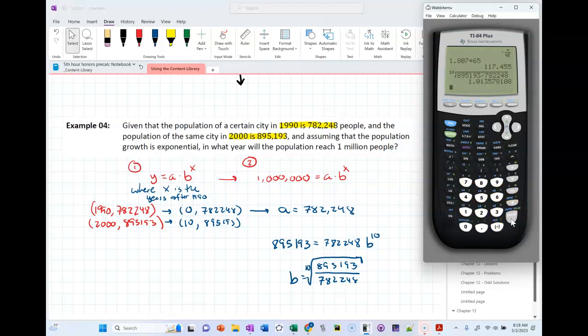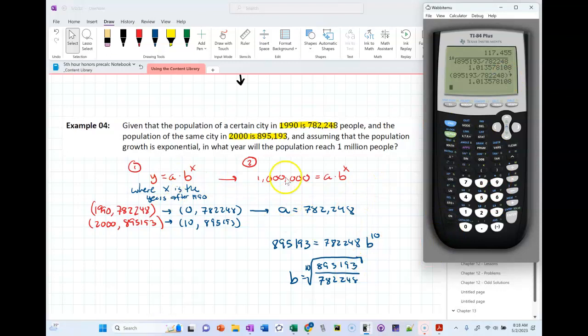Or you could have written it as parenthesis 895 193 divided by 782 248, and then raise that whole thing to the 1/10th power. Either one is going to get you the same number. So either way of doing it in your calculator is fine.